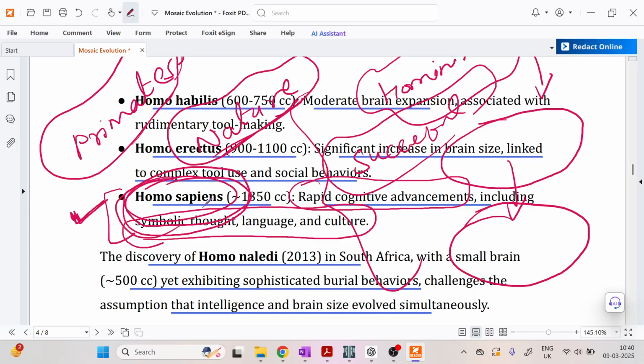Otherwise, if the demands of the time had been different, we wouldn't have been here. Because there was a time when dinosaurs existed, and the mammals to which we belong were very small in size.